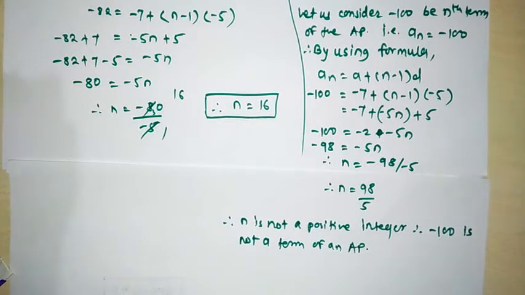It is not a positive integer. n should be a positive integer. If n is a positive integer, then only you can say that the given number is a term of an AP. यहाँ पर positive integer नहीं मिला, therefore you can say that minus 100 is not a term of the AP.